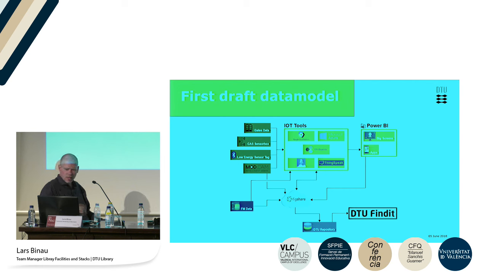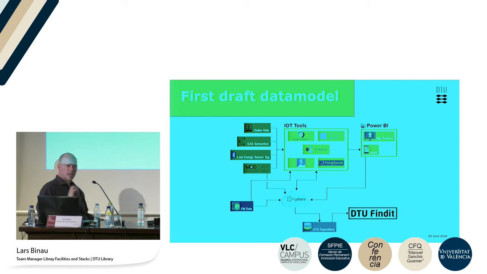And we use Figshare at our university as a data repository. And we will do data dumps from Azure into Figshare when it becomes historical, so we can save it for later.